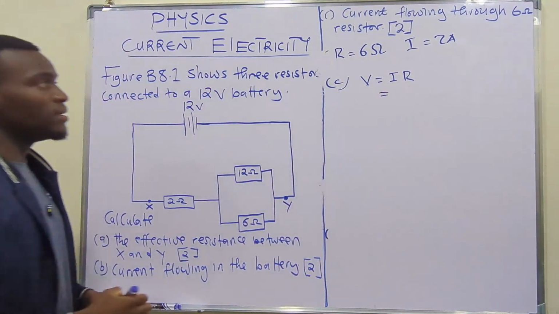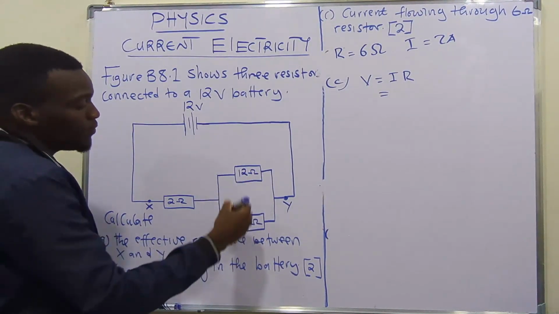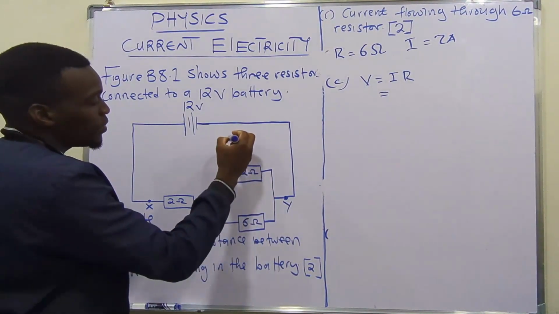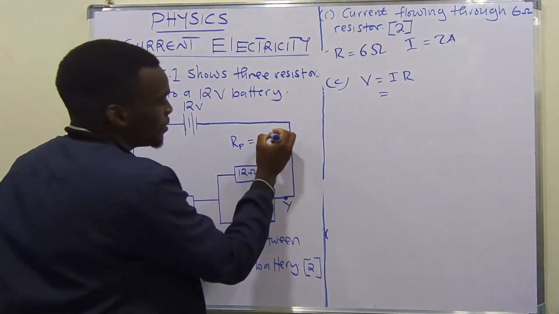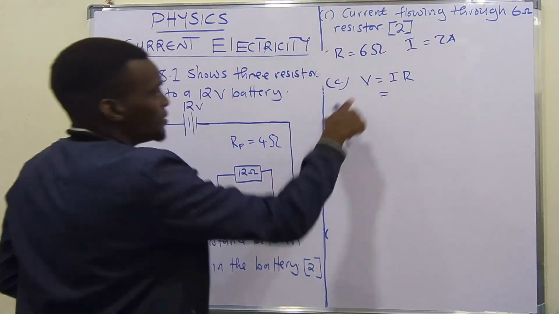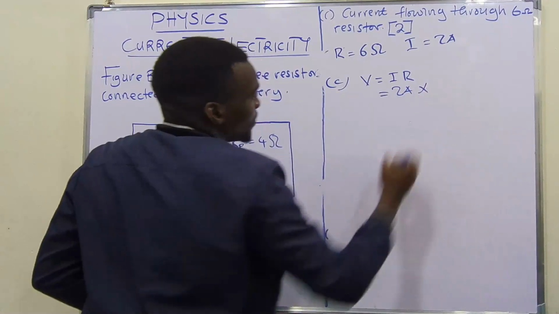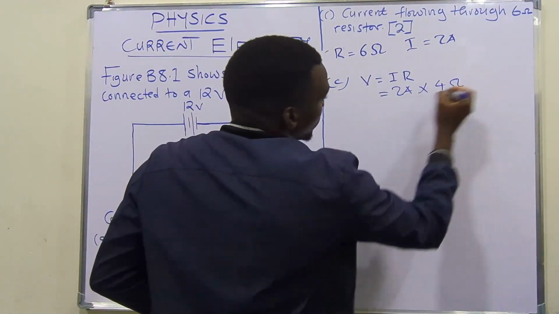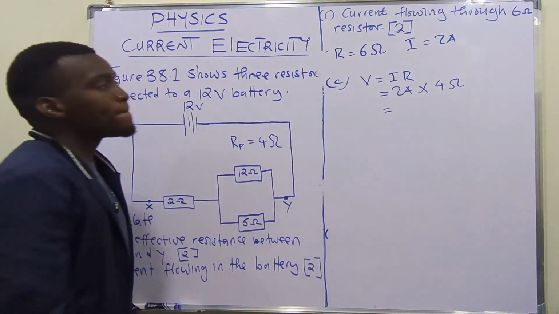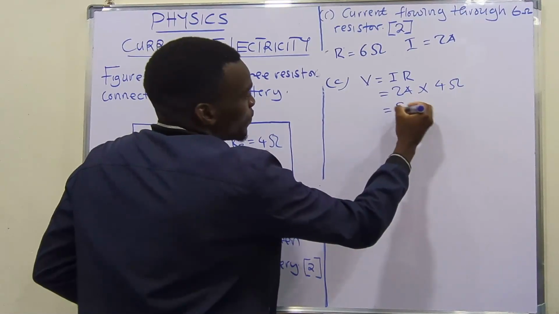And in this case, we found that the total resistance for the ones connected in parallel was 4 ohms. So we get the current, this current 2 A, and then we multiply it with the 4 ohms. 2 multiplied by 4, we have a voltage of 8 volts.